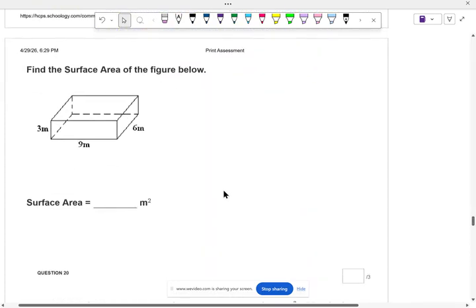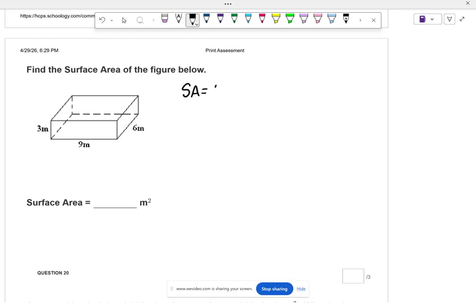Number 19. Yes, find the surface area. All right, surface area equals 2 times L times W plus 2 times L times H plus 2 times W times H. The length is how long it is across the front. The width is front to back. The height is top to bottom. So you just type all these in. Carefully go type them in Desmos and get your answer.